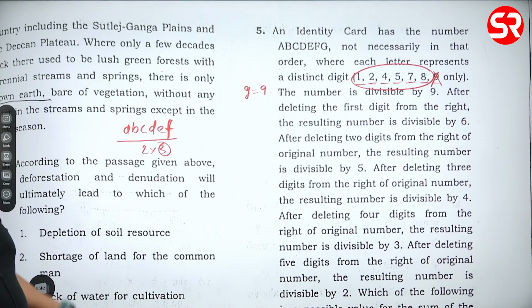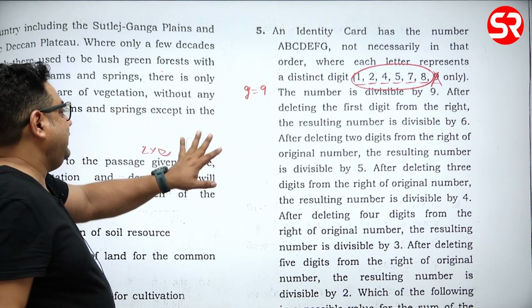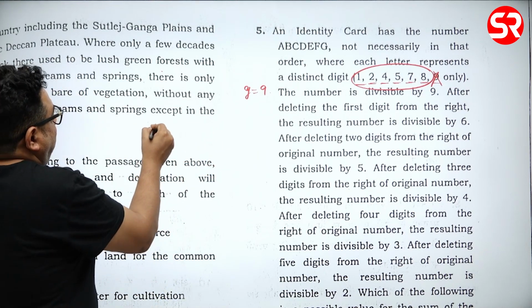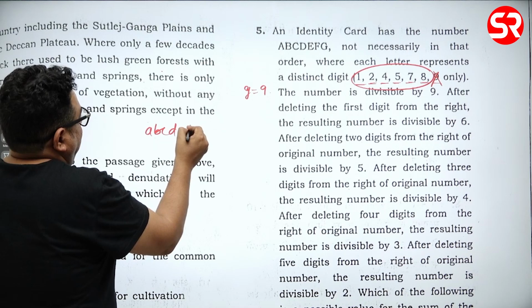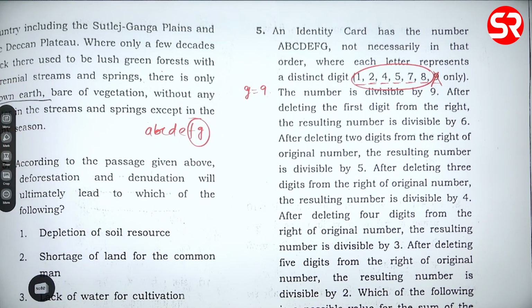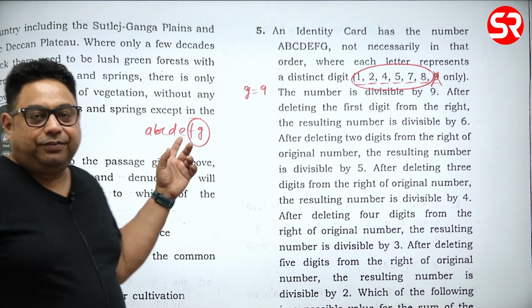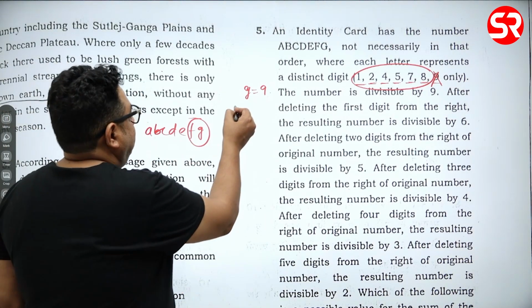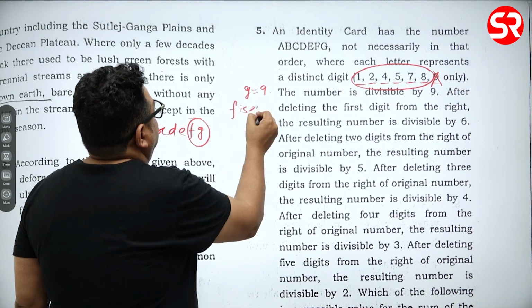Then again he says, A, B, C, D, E, F and G. Now he says after deleting, see, I have a problem. F is even, so I am writing F is even. Why?